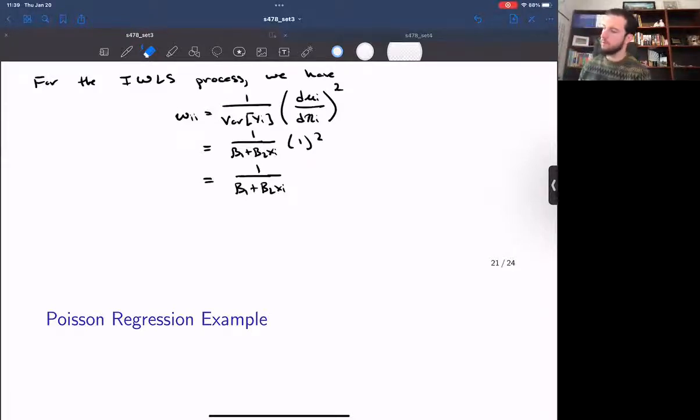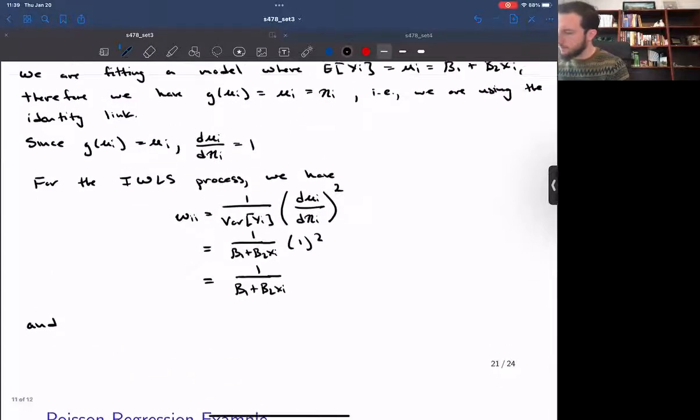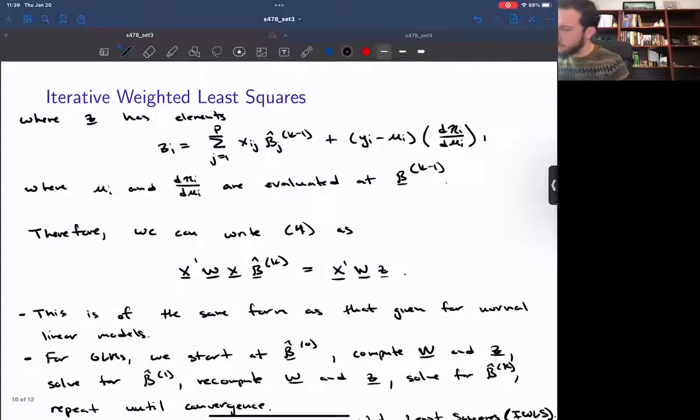So we have W equal to this, and the z_i, so I'm just going to take this from the previous page.